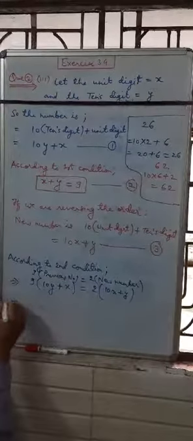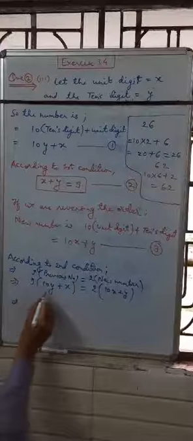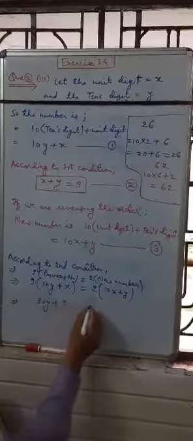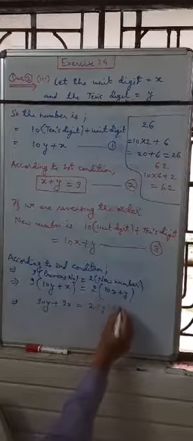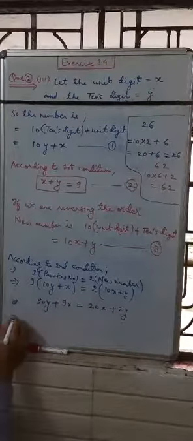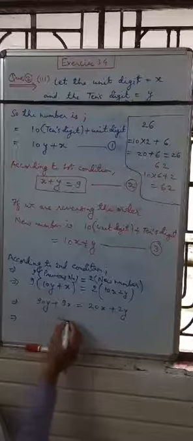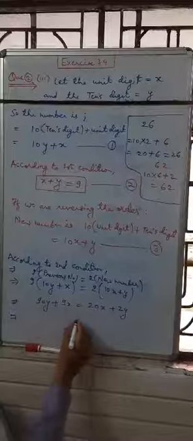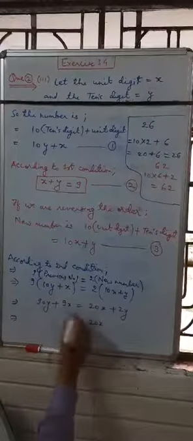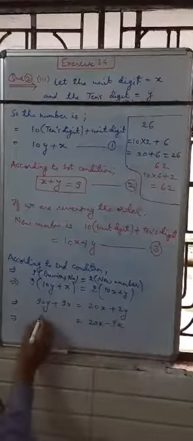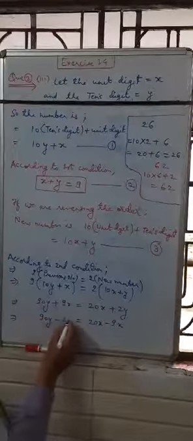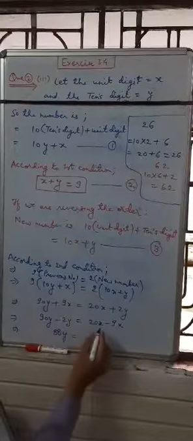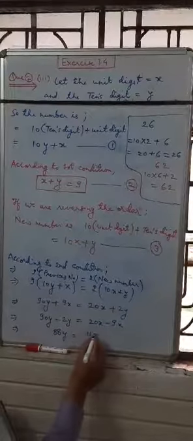So we will try to solve the question. 9 into 10, 90y plus 9 into x, 9x, is equal to 2 into 10, 20x plus 2 into y, 2y. So how will we form it? Changing the side, 20x minus 9x or 90y minus 2y. So we will get 88y is equal to 11x.